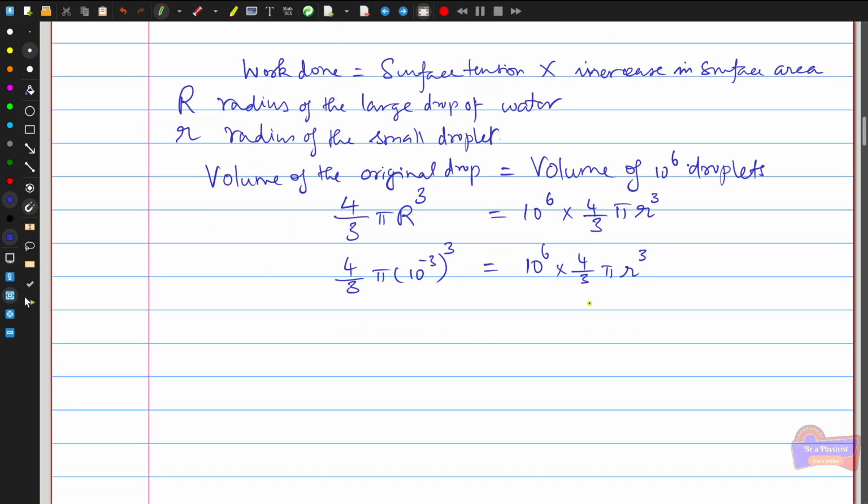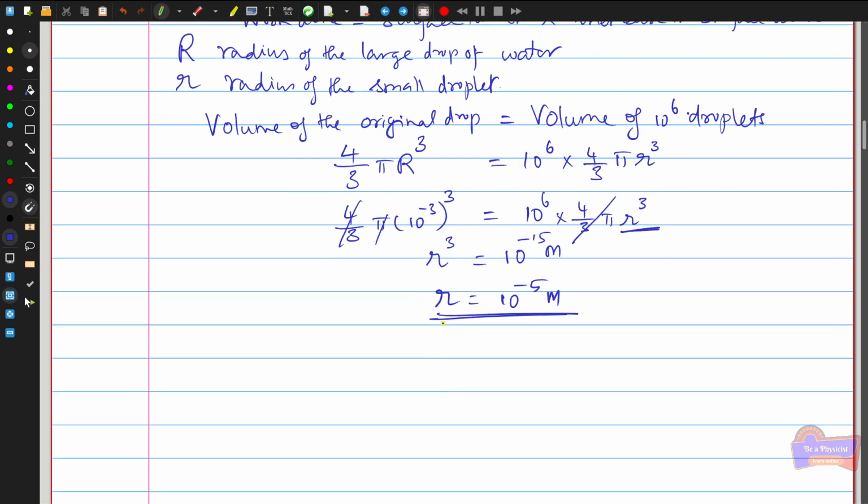From this relation I can calculate r. The 4 by 3 pi cancels on both sides, so r cube is equal to 10 to the power minus 15 meter cubed, because this is 10 power minus 9 and this is 10 power 6 moved to the other side. So r is equal to 10 power minus 5 meters. This is the radius of the small droplet.